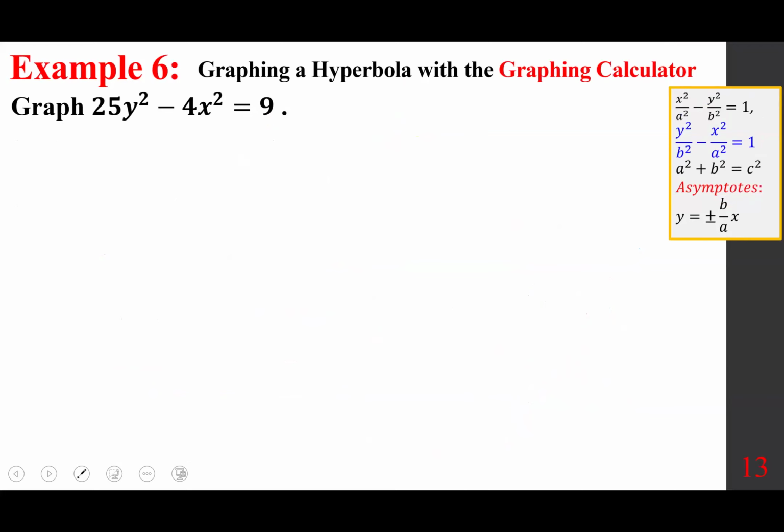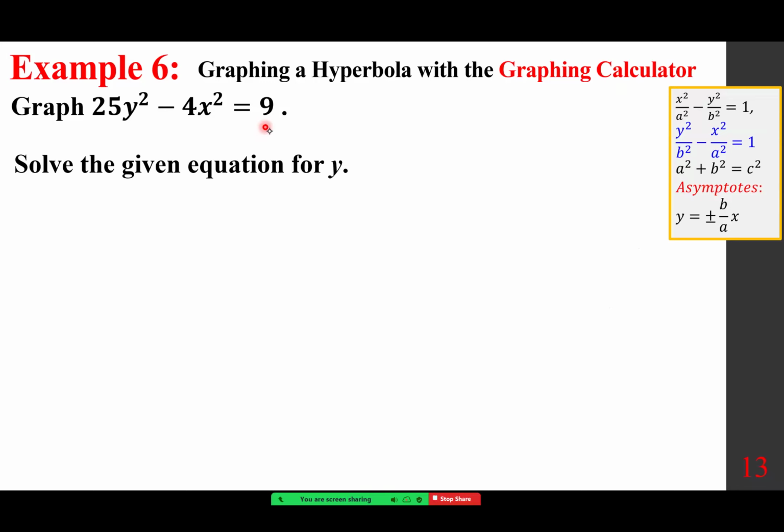Graphing a hyperbola with the graphing calculator, we've already discussed it with the elliptical shape as well. You have to solve for y if you want to use a graphing calculator. To do so, we move the negative 4x squared to the other side, where it becomes positive.